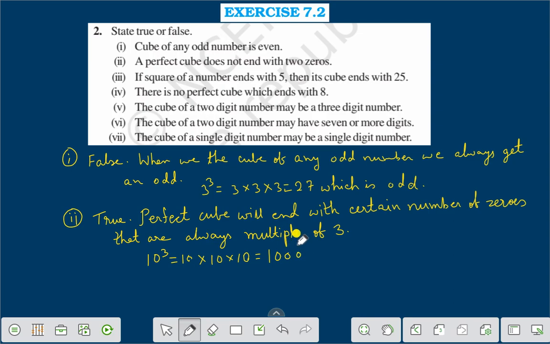That means there are 3 zeros at the end.